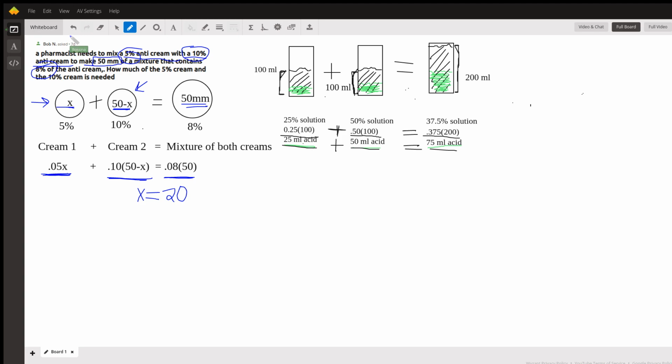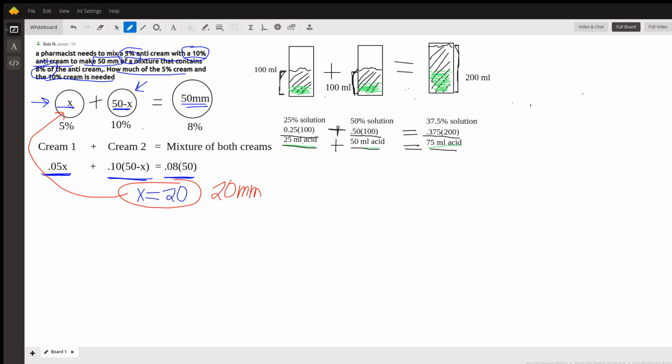Now in word problems, you always want to go back and see what they are asking again. It says how much of the 5% cream and the 10% cream is needed. Since we did find X, that relates to this cream. So we can say we're going to need 20 millimeters. I want to say that's probably supposed to say milliliters, but that's what the word problem says here.